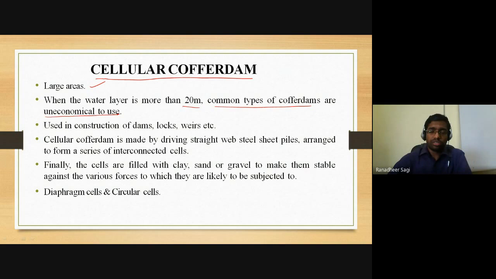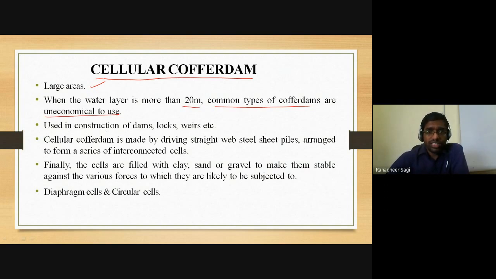It also depends on various aspects, as we have said. It depends on the material availability, because we cannot simply say I'll go by this kind of cofferdam construction. It depends on the economic aspect. You have to take the best decision in deciding what type of cofferdam you are going to use there.